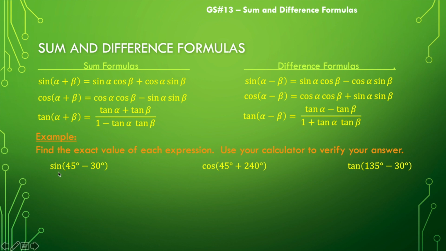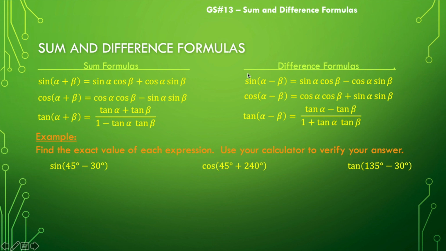I have the sine of 45 degrees minus 30 degrees, which we're really finding the sine of 15 degrees. But we've got it set up this way so that we can use what we know from the unit circle, and looking at our formulas, we can see that this is a sine of a difference.